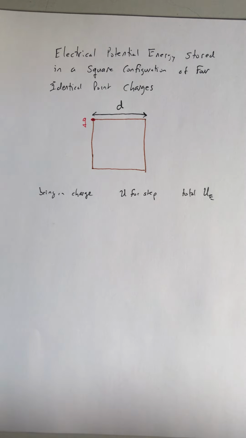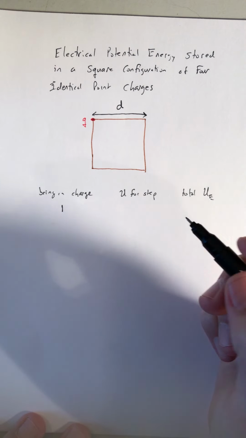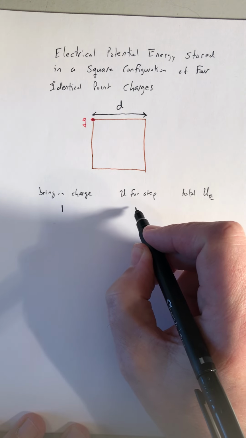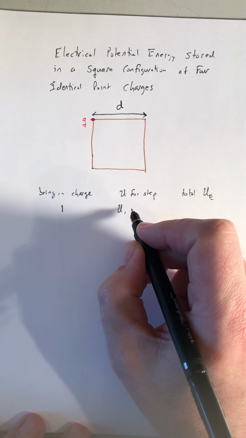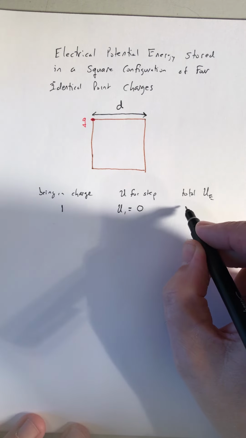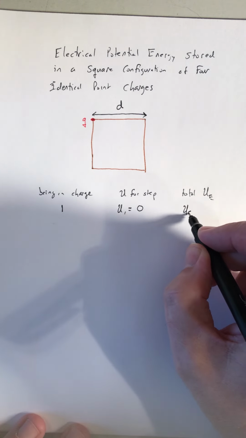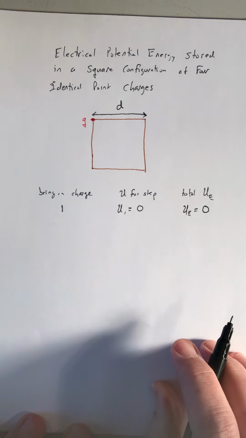So bringing in charge 1, there is no potential energy for that step because it's not interacting with anything else. And our total electrical potential energy so far is 0.